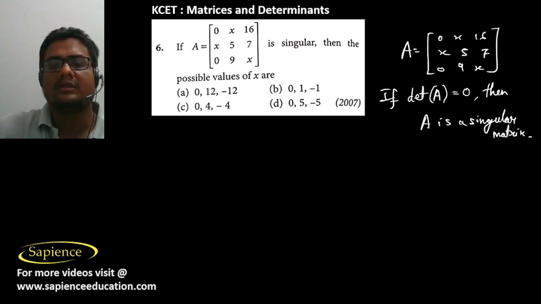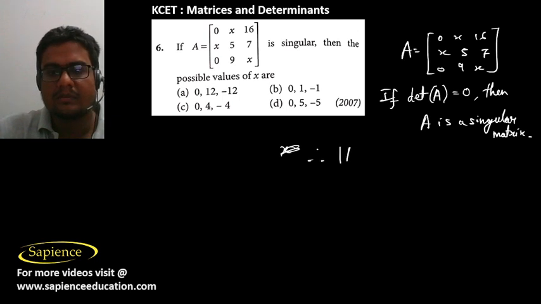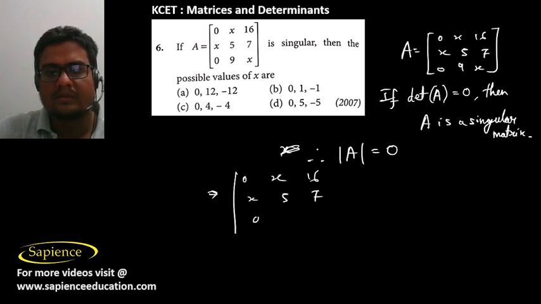So now here we have to find the possible values of x. So we have to find the determinant of A, which should be equal to 0. It means we have to find the determinant of [0, x, 16; x, 5, 7; 0, 9, x], that is equal to 0.